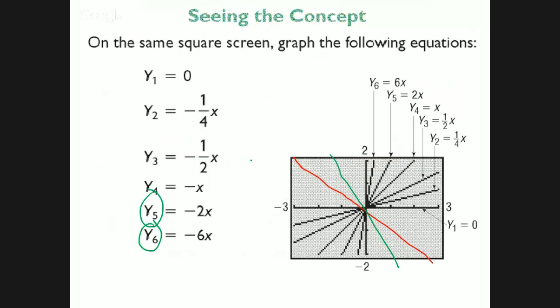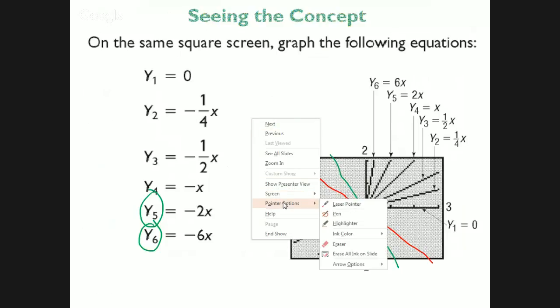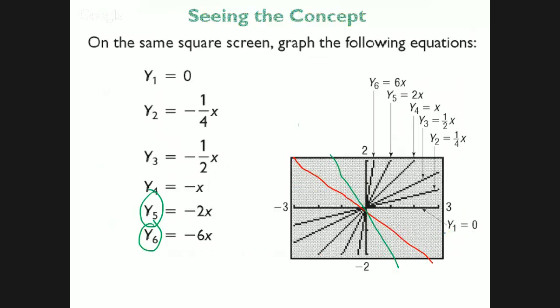And finally, this one, oopsie, it didn't change my color as much as I wanted. This one has pretty much got to be what? 2 or 3.